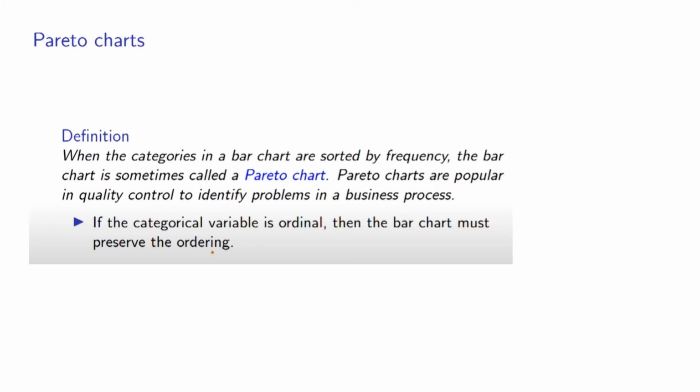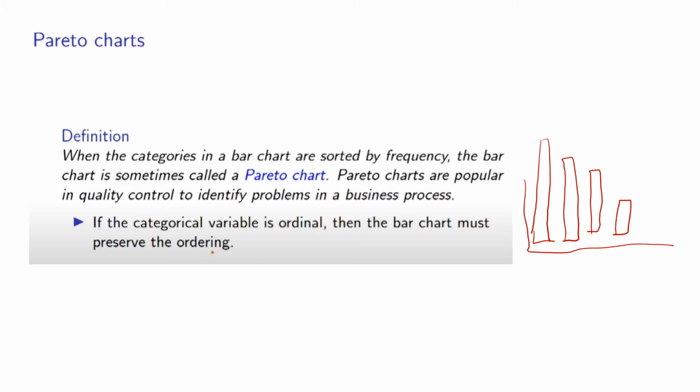When the bar chart categories are sorted by frequency, it means the major frequency will come first, then second, then third, then fourth. These are the Pareto chart.